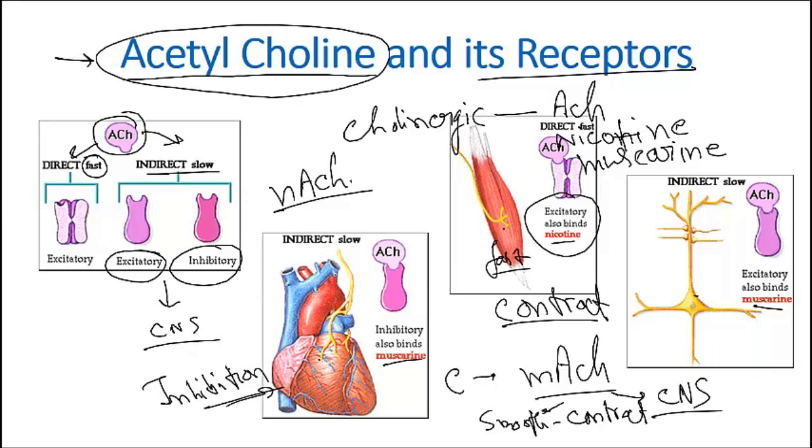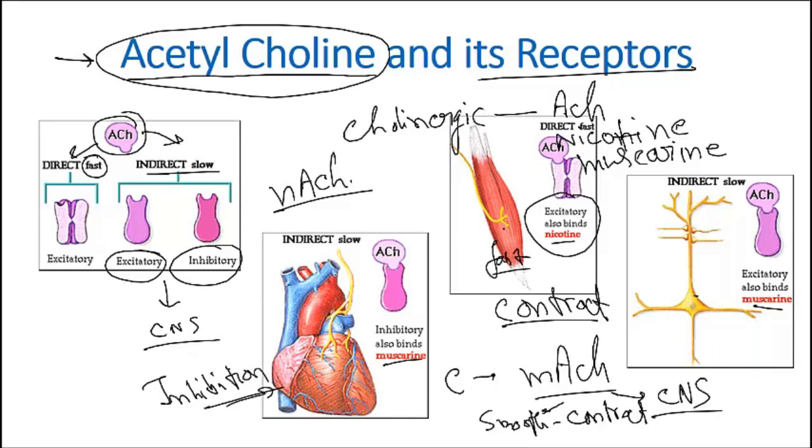The action of acetylcholine may be excitatory or inhibitory, but the effect depends on which receptor is present on the postsynaptic cell. If it is a nicotinic receptor, it's always excitatory and it is very, very fast.